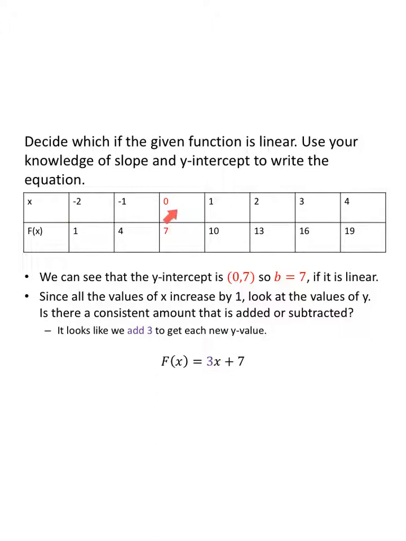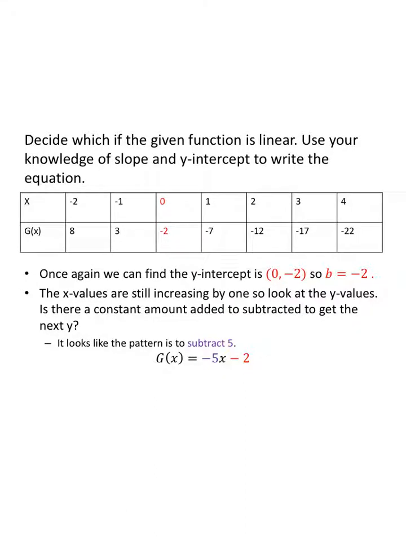As x increases by 1, the change in y is to add 3. So our function is 3x plus 7, with 7 as our y-intercept. We don't have to find the slope by doing this or that. We can look at the patterns in order to find the slope and look at the table itself to find the y-intercept. So you don't have to use the slope formula every time.